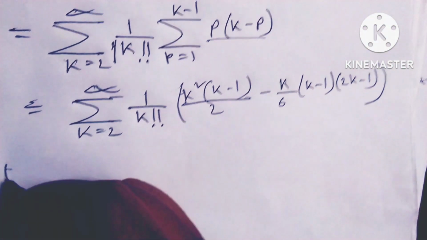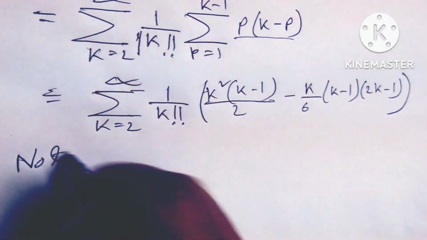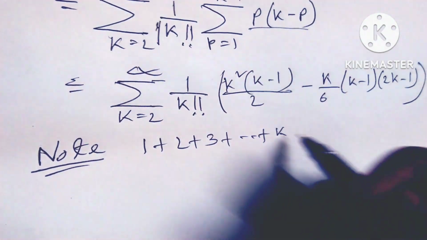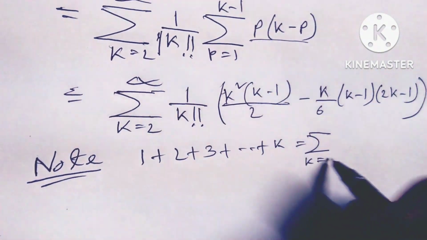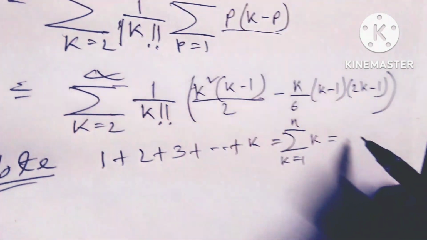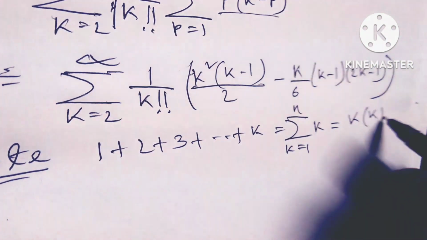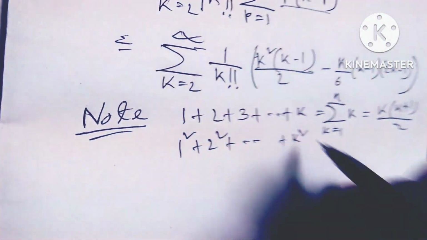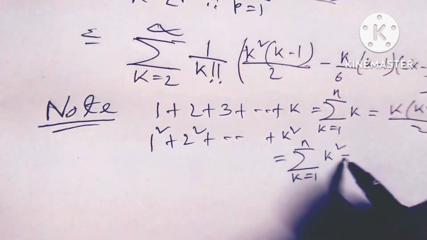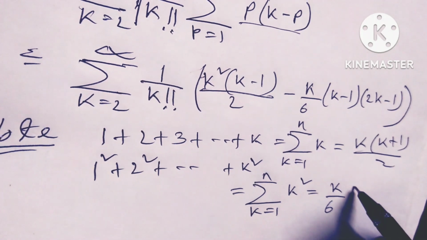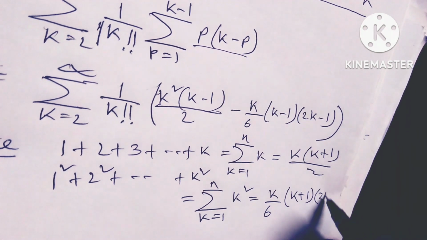Because friends, you must remember: 1 plus 2 plus 3 up to k is equal to the summation k equals 1 to n of k, which is k into (k plus 1) divided by 2, and 1 square plus 2 square up to k square equals the summation k equals 1 to n of k square, which is k by 6 into (k plus 1) into (2k plus 1).